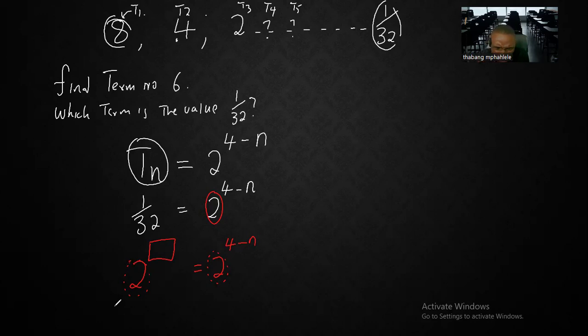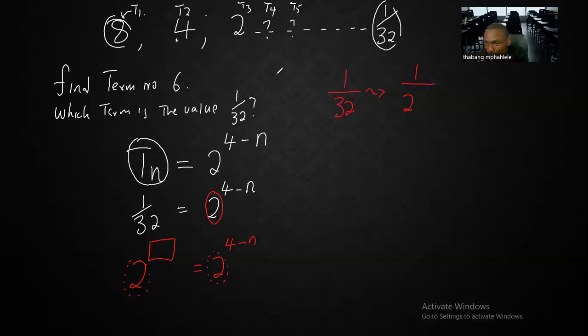So what is 1 over 32? Let me deal with it here. I know that 1 over 32 is the same as 1 over, you might realize that 32 is 2 to the exponent something. Can it be 2 to the exponent 4? Let's check. 2 times 2 is 4, times 2 is 8, times 2 is 16.